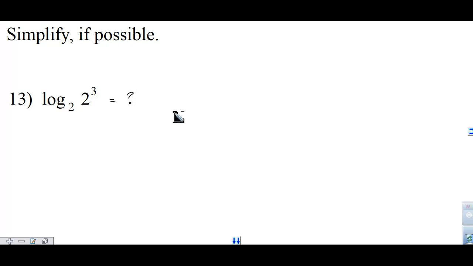If you need to write it out so you can see it, you can do that. 2 raised to this power is going to be equal to this number. Sometimes writing it out makes it very obvious. The answer is 3.